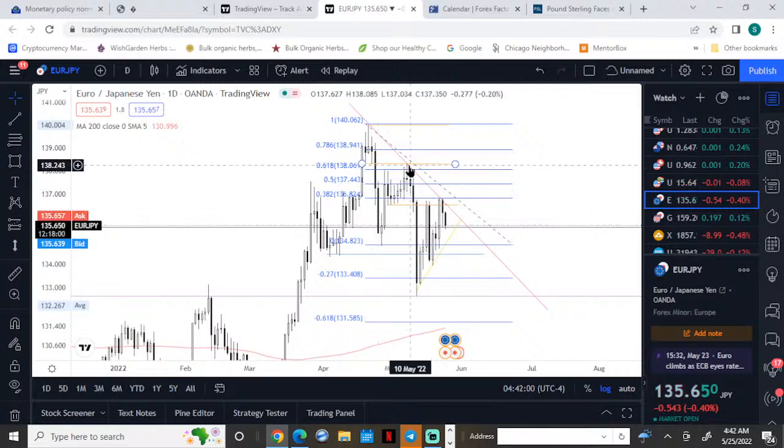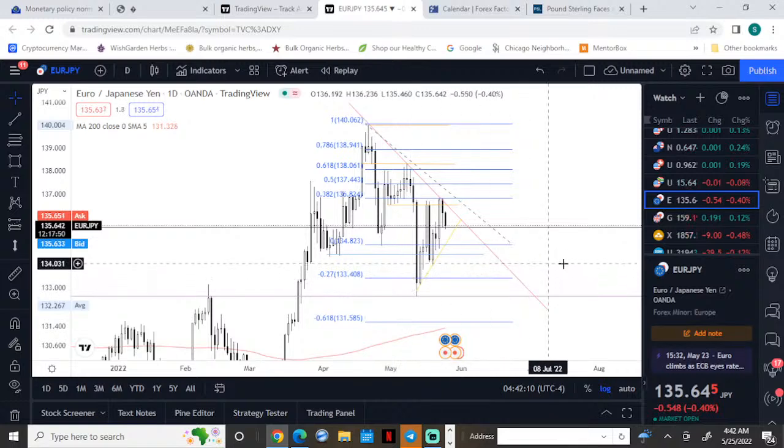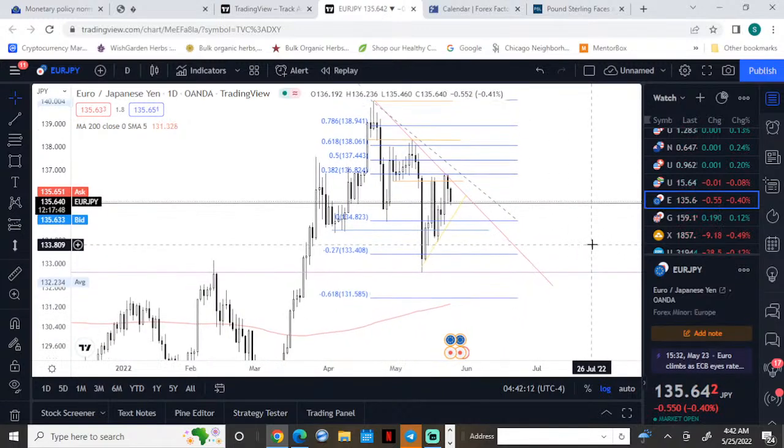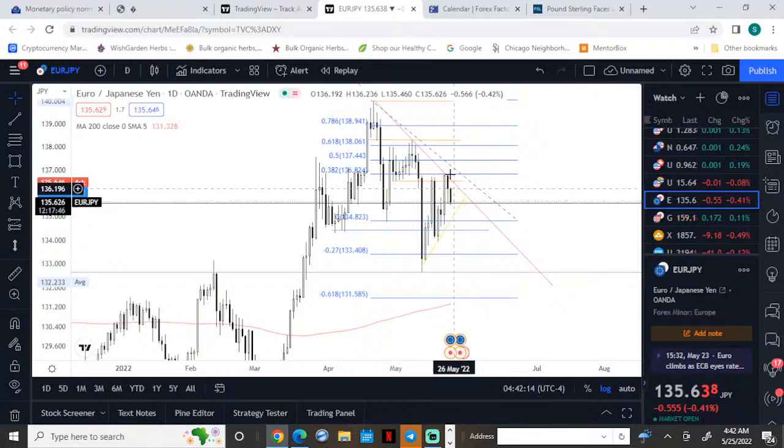C came to the 618. Gave TP1 and TP2. So it could drop to TP3, because it's still in a downtrend.